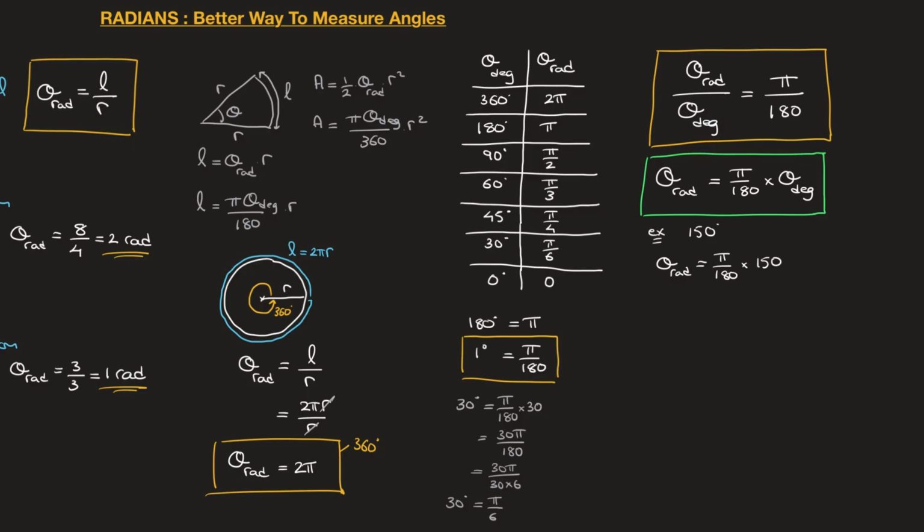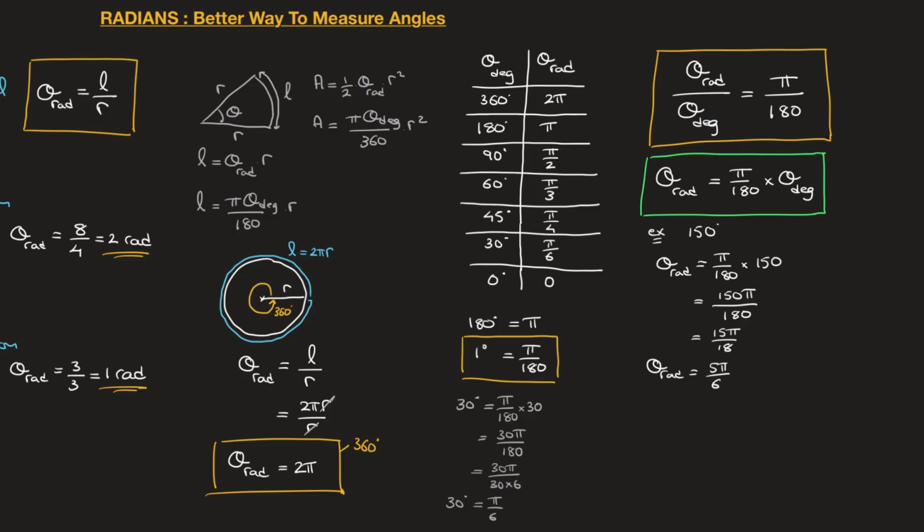So that's pi times 150, which is 150 pi, and that's 150 pi over 180. Now, I'm sure you can appreciate that that's the same thing as 15 pi over 18, where I got rid of a factor of 10, and I can still go further and get rid of a common factor of 3. Indeed, 15 is 3 times 5, and 18 is 3 times 6. So 150 degrees in radians would be 5 pi over 6.